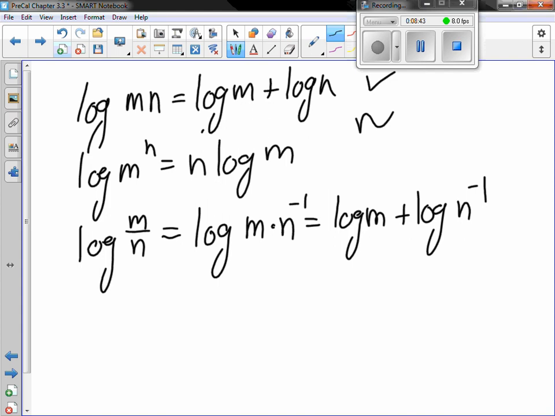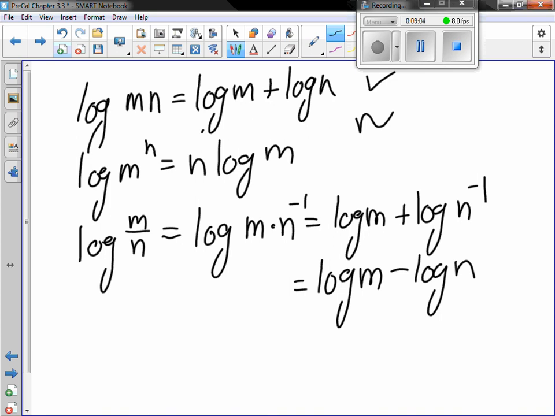Well, we just proved with our power rule that I can move that exponent out front, yes? Well, that changes it to what? Log of m minus log of n. We just proved our division rule. Does this make sense here?